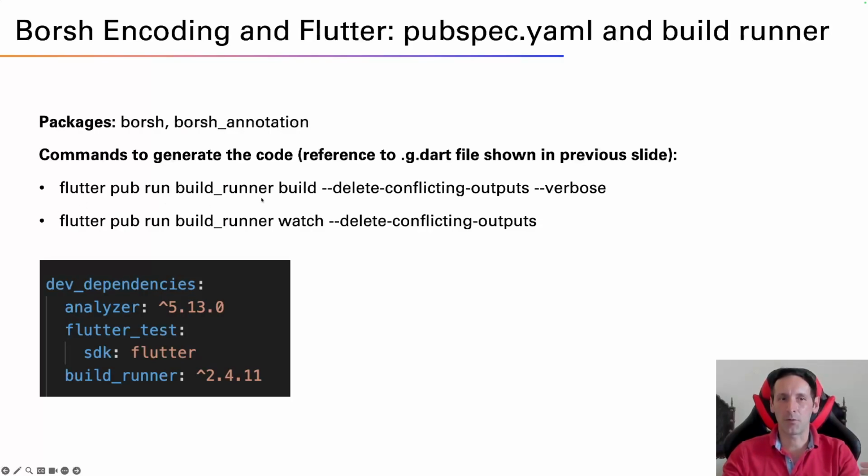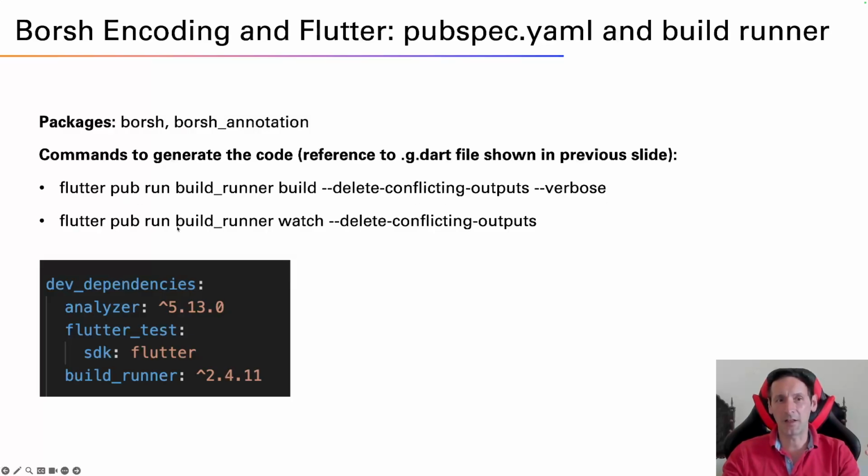So: flutter pub run build_runner build --delete-conflicting-outputs --verbose. I use this because previously I was having a few issues with the build runner. But once I started using these attributes, I never looked back, and I always use these. When it succeeds, it doesn't generate too much output in the console anyway. So you have these two alternatives.